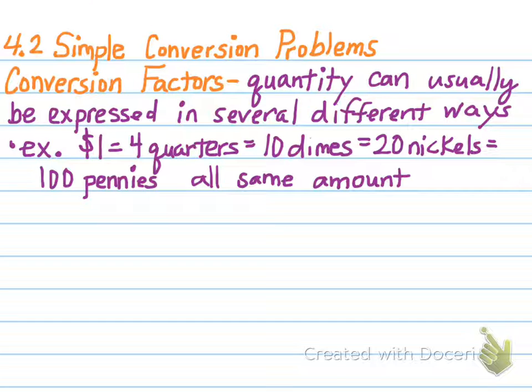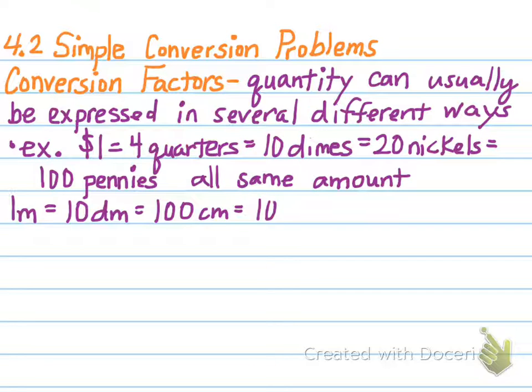And in fact, you could have some combinations of quarters, dimes, nickels, and pennies to get a dollar, as you're well aware. But what we're talking about here is these are all different ways to express the same quantity of $1. And this isn't just unique to money. It's also true within the metric system. 1 meter is the same as 10 decimeters, which is the same as 100 centimeters, which is the same as 1,000 millimeters.